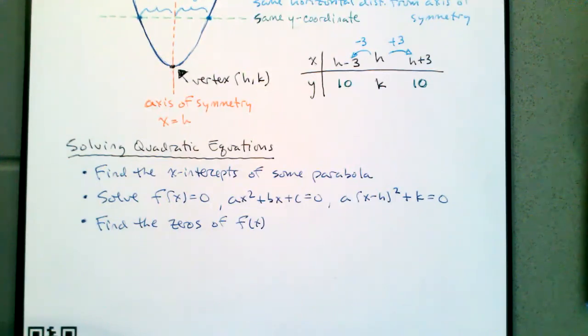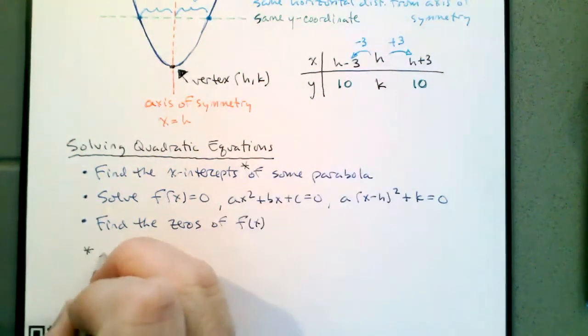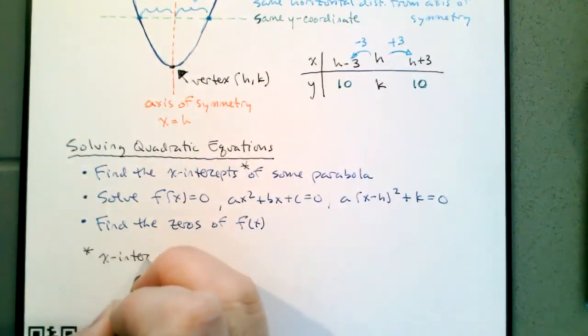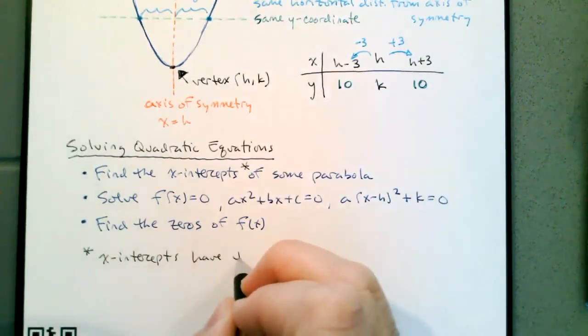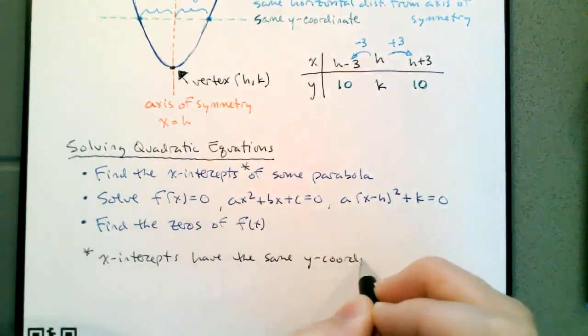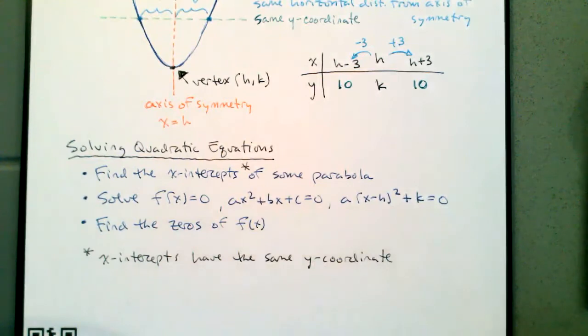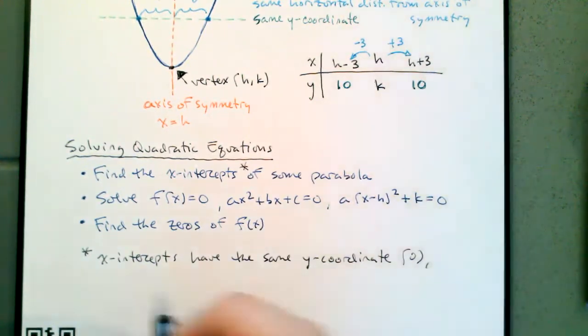And so that means they'll be the same distance away from the axis of symmetry.